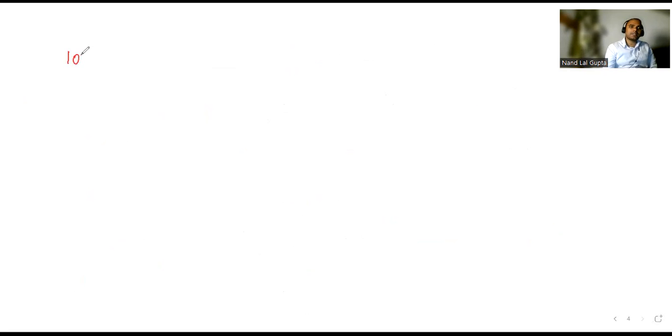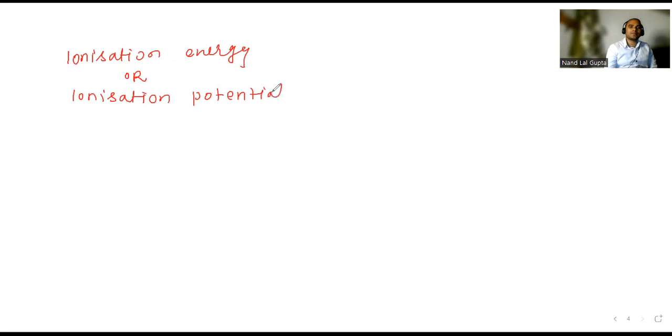Next one is ionization energy. Have you heard about this one, ionization energy? No. Okay, but you can guess now. Ionization potential. Can I guess? Yeah.